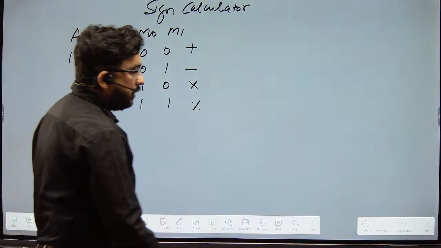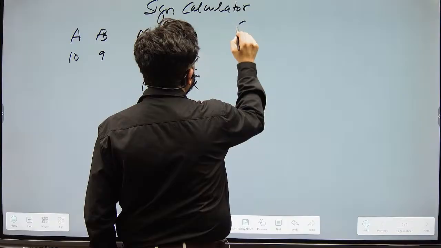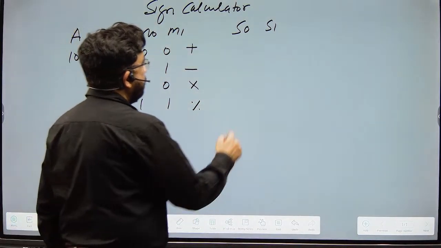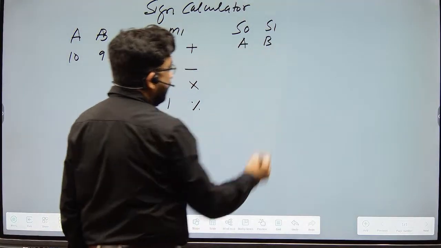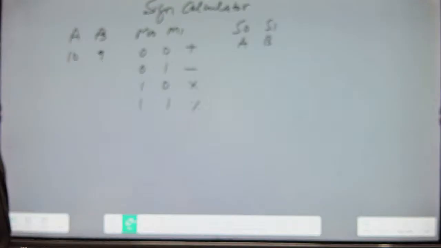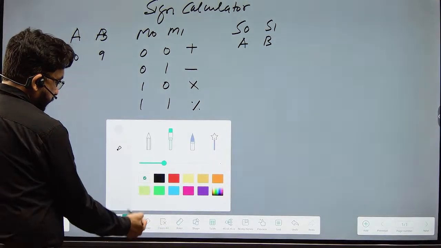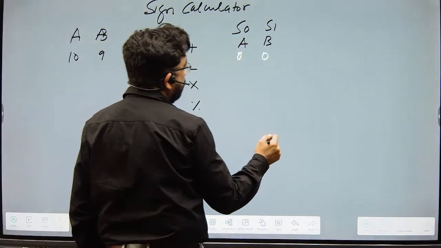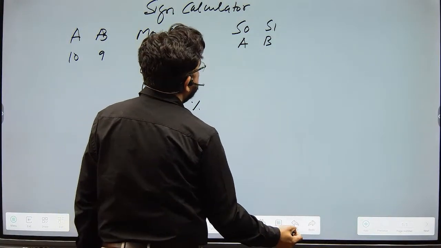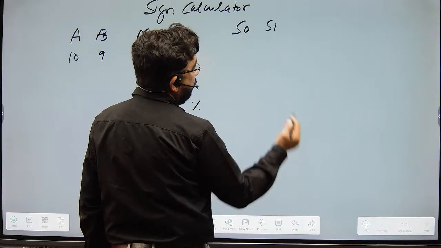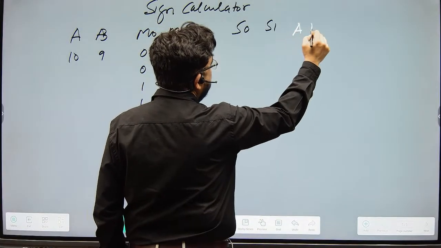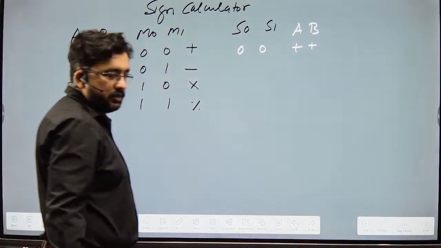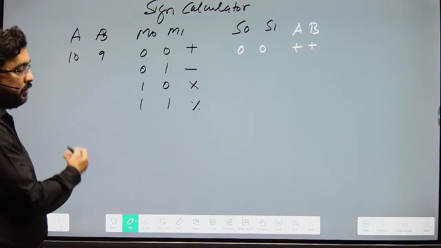Then you have two more options, called sign 0 and sign 1, which help you decide the sign of your A and B. If you give 00, that means A and B are both plus, plus.